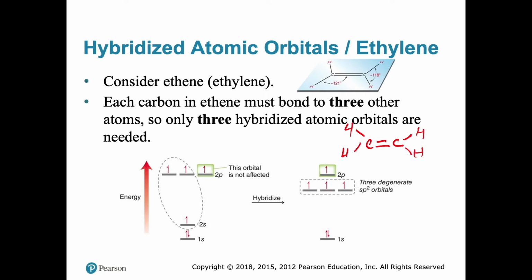And then this last p orbital makes the second bond of the double bond. That bond is called the pi bond. So notice how s orbitals make sigma bonds, and p orbitals make pi bonds. And a double bond consists of 1 sigma bond and 1 pi bond. Does that make sense? It's crazy stuff, isn't it?